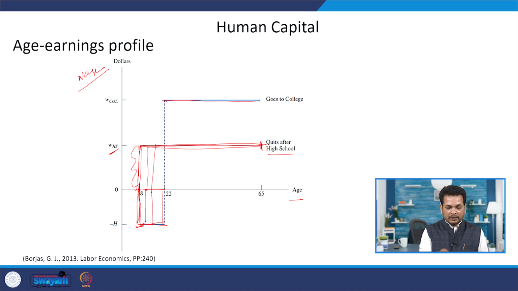So, if you look at this, this person is going to work in the labor market for 43 years, and the other person is going to work for 47 years. Now, the figure indicates that going to college involves two types of costs. As I said, a year spent in college is a year spent out of the labor force, or at least a year spent working in low-wage part-time jobs. So, a college education forces the workers to forego some earnings.